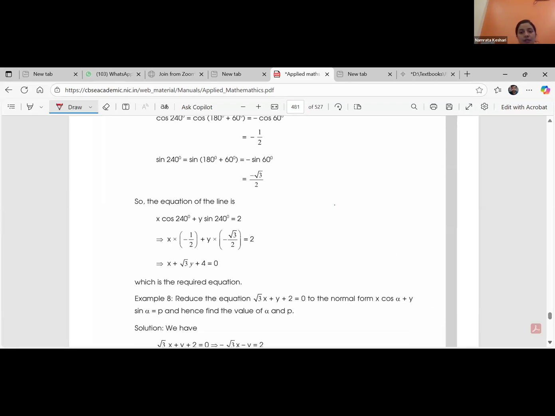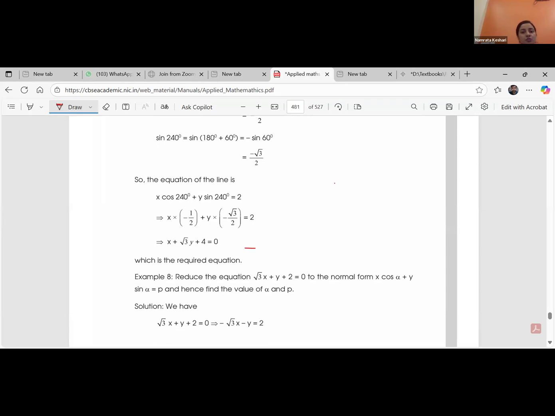See, first example number 8: reduce the equation root 3x plus y plus 2 equals 0 to normal form. The moment we see it says reduce the given equation, we have an equation of a line, and we have to represent it in the normal form. What was normal form? x cos alpha plus y sin alpha equals p. In this format we have to represent it.